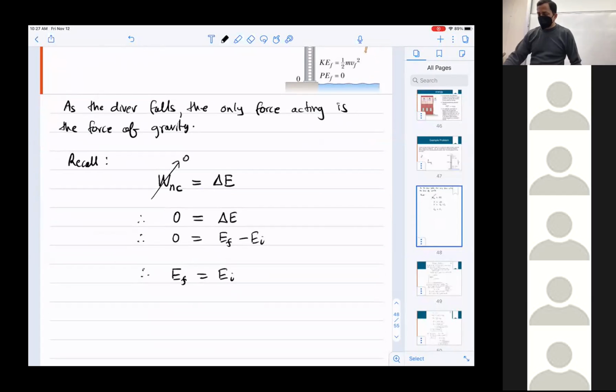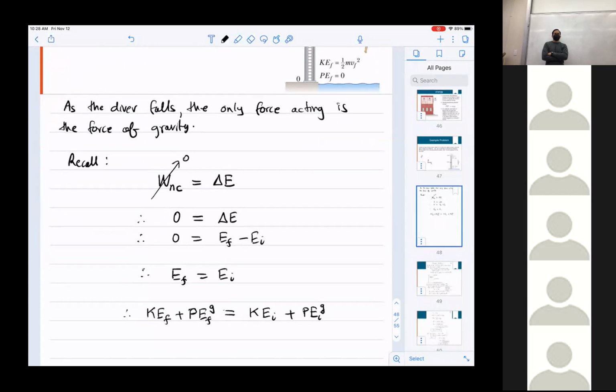What is the total mechanical energy of the system? The final kinetic energy plus the final gravitational potential energy must be equal to the initial kinetic energy plus the initial gravitational potential energy.